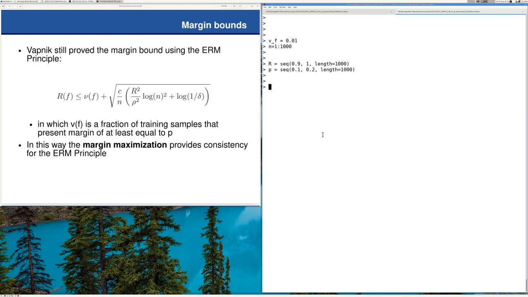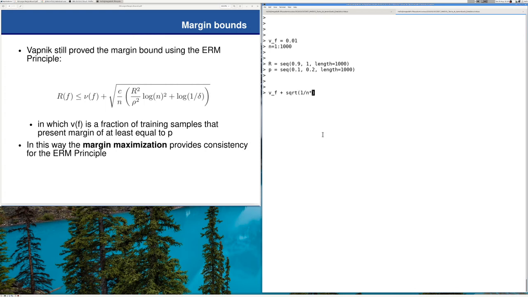Okay, then I plot nu of f plus the square root of some constant. Here I'm going to define my constant as 1 just to start with. It doesn't matter much because my n is going to go up.